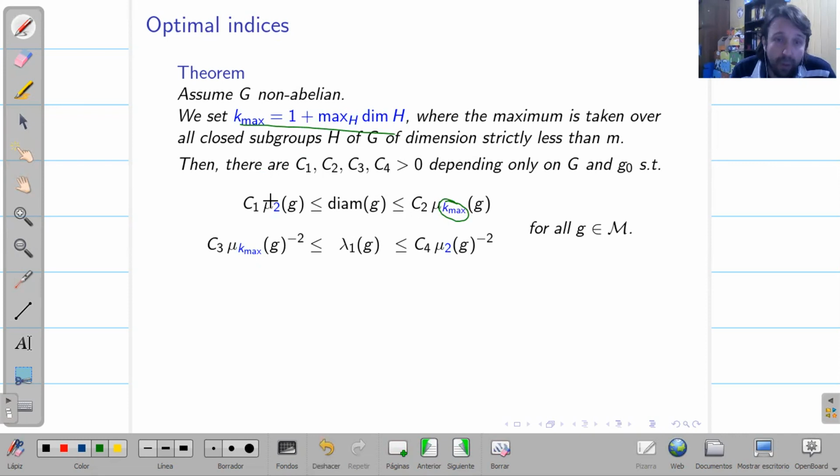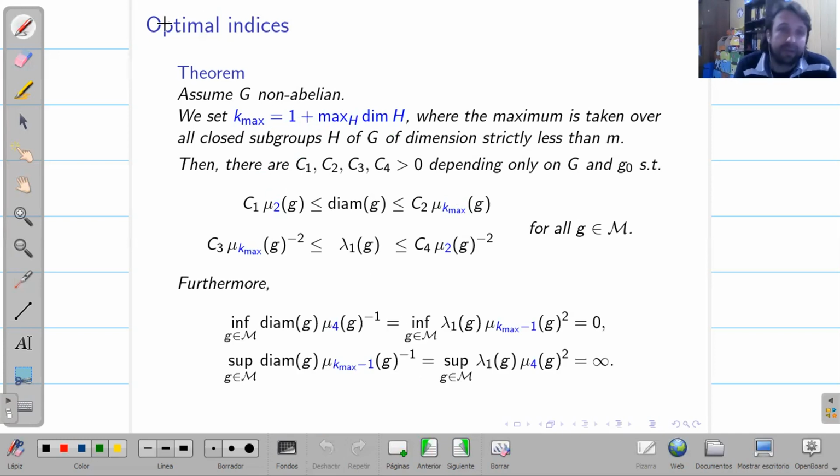And remember, there used to be a 1 here. In the eigenvalue estimate, we put mu 1 here, and we go down only until 2. So it seems we haven't made enough effort, right? But we also prove why the word optimal is in the title.